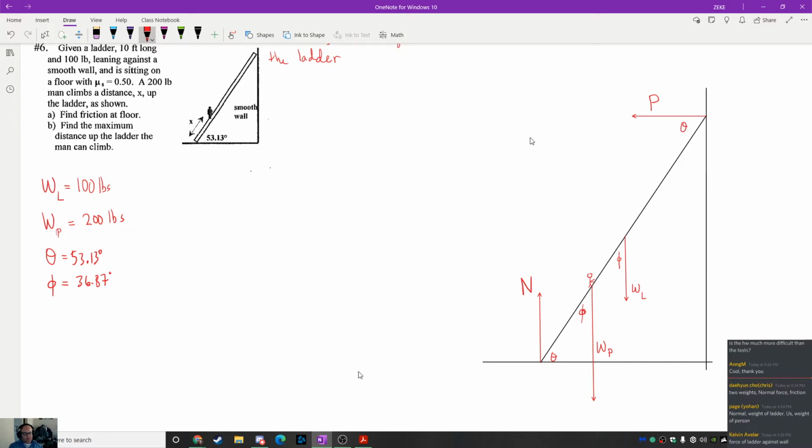Now we've got to throw in the friction force. We said there's no friction up here because the wall is, quote, smooth. So what direction do we make the force of friction down here at the bottom? Is it going to go left or is it going to go right? Point to there, and then tell me why too. So you guys are saying right, but why would it be right?